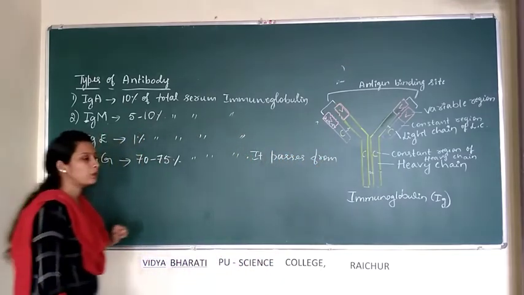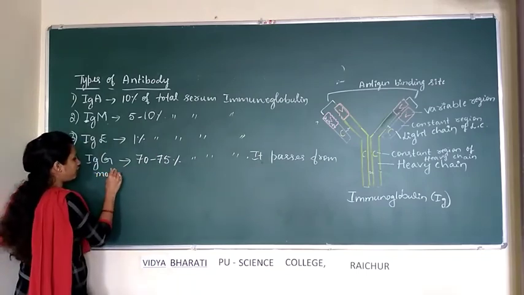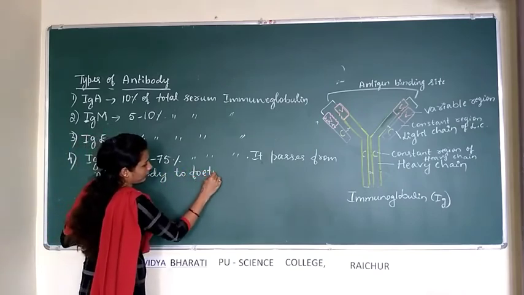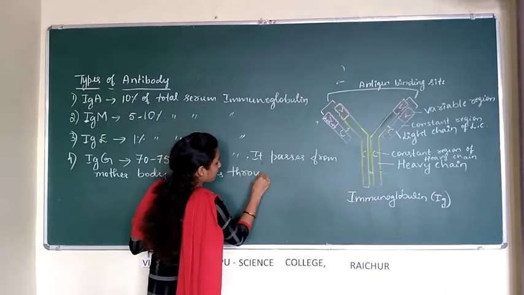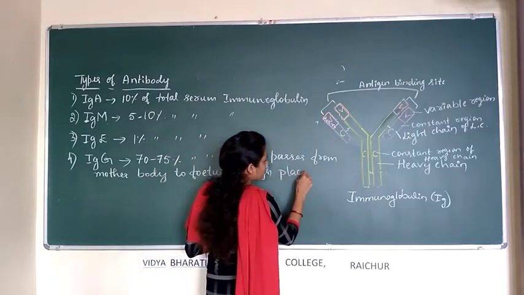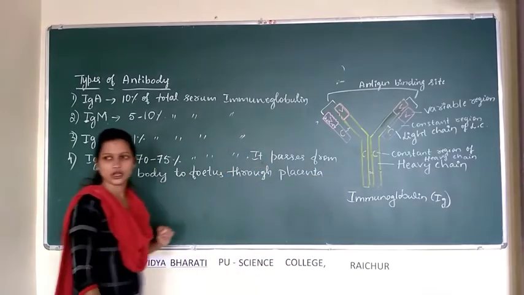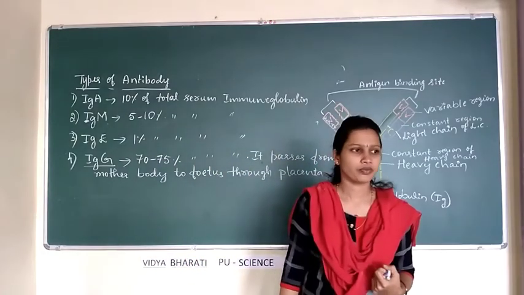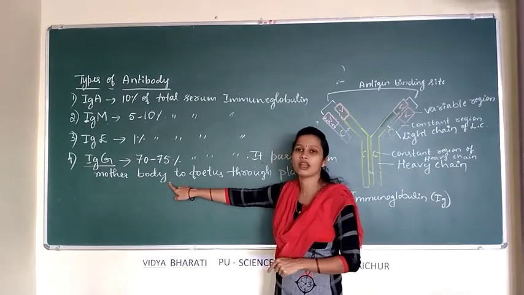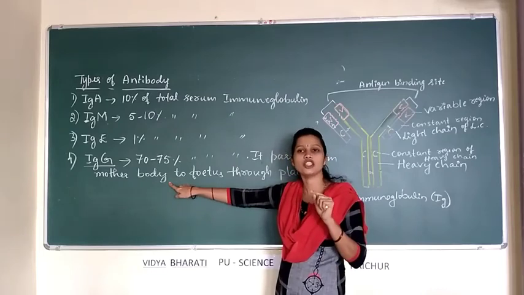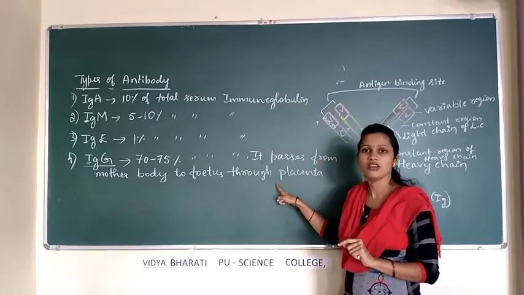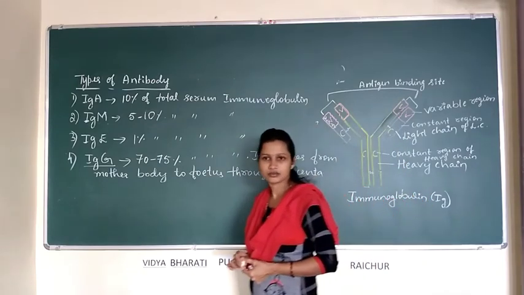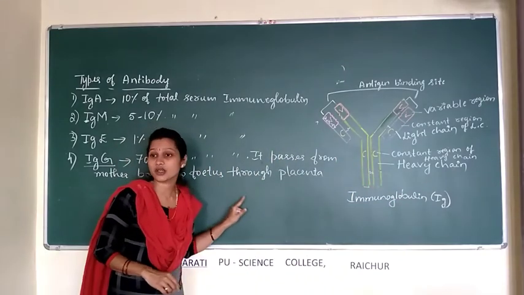IgG is the antibody which passes from mother to fetus, during pregnancy, when the baby is growing inside the womb. IgG gets transmitted to the body of the growing baby through the placenta. And that provides passive immunity.